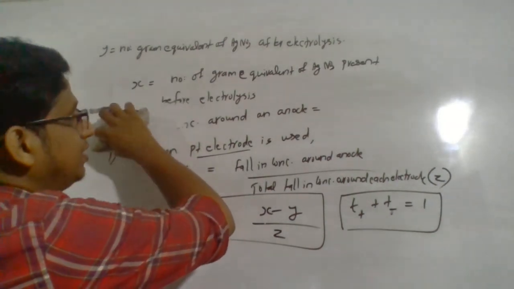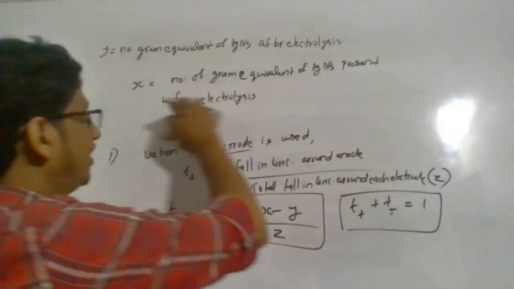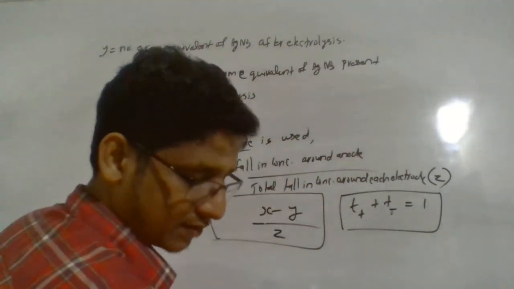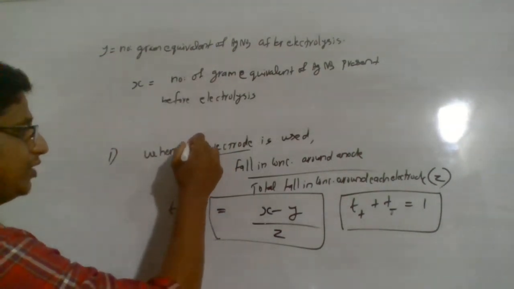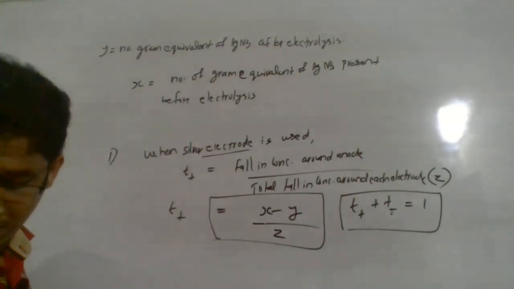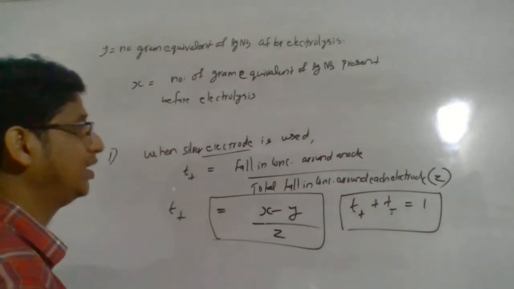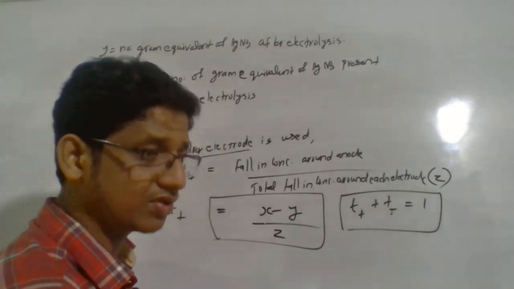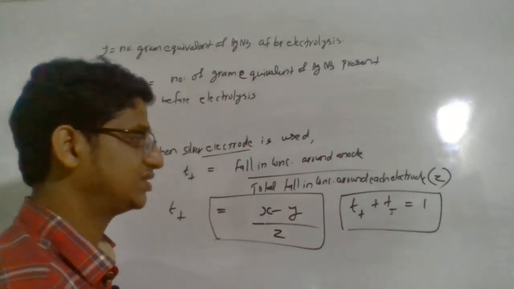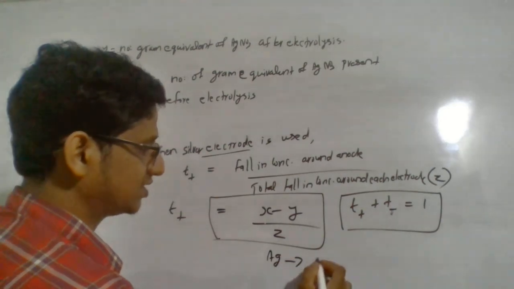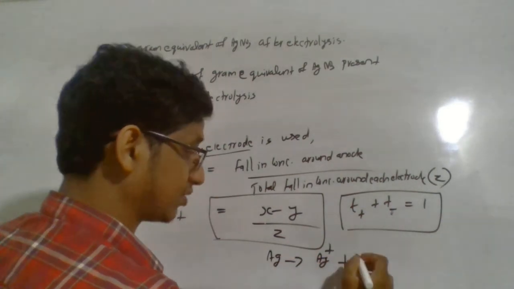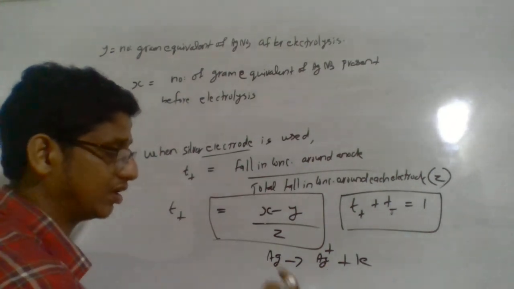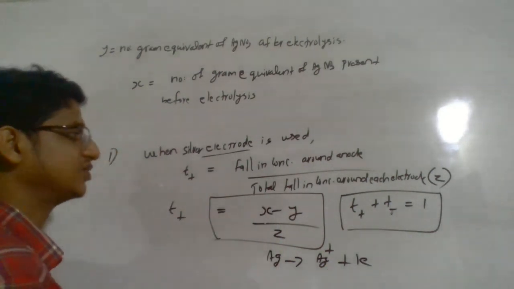Now remember, how can you find the transport number if a silver electrode is used instead of a platinum electrode? What will be the difference? Here one point a student has to remember: if a silver electrode is used, the silver metal also gets oxidized, and silver is converted into silver ions. When a silver electrode is used, that oxidation, removal of electron from silver to form silver ion, also takes place there.